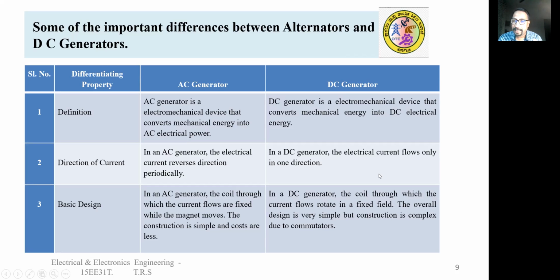But in the case of a DC generator, the conductors or the armature are rotating, whereas the field system is constant. So this is the difference between AC generator and DC generator in terms of basic design. In this slide, we have seen the differences between alternator and DC generator in terms of definition, direction of the current, and basic design.